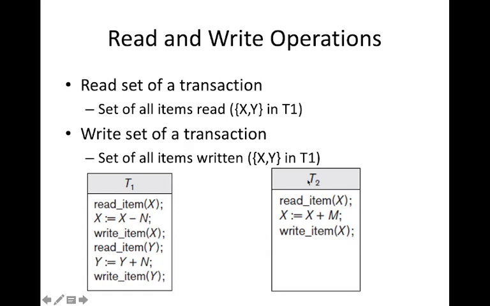Then if T2 reads the item X, it will read the old X, because the write operation is not performed. Only when the write operation is performed will it be copied to the hard disk. So when T2 tries to read, it reads the old value of X. If we execute in an interleaved manner, there will be some problems.